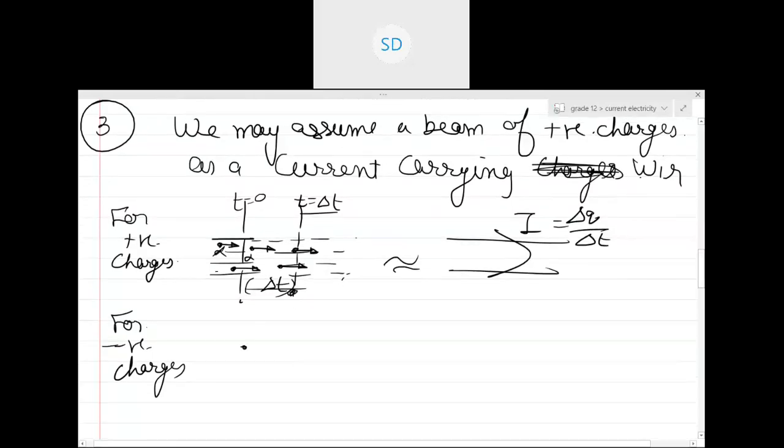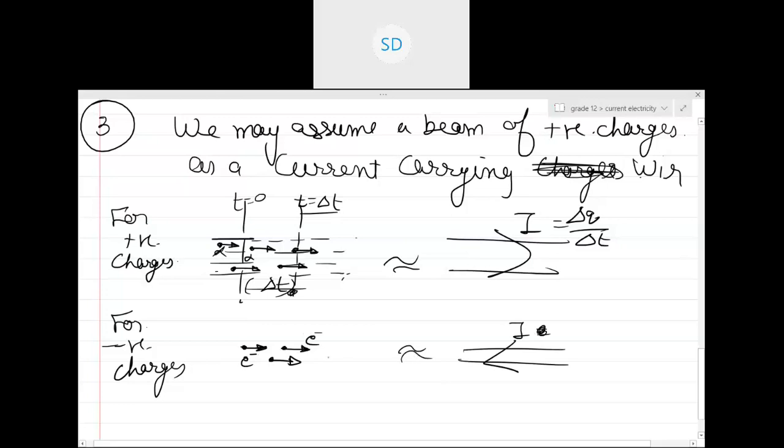So suppose there are electrons, which are negatively charged particles, right? If these electrons are moving in this direction, then the current will be said to be in the opposite direction. Is this clear?